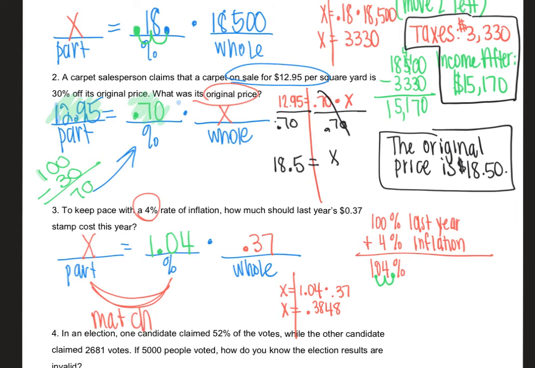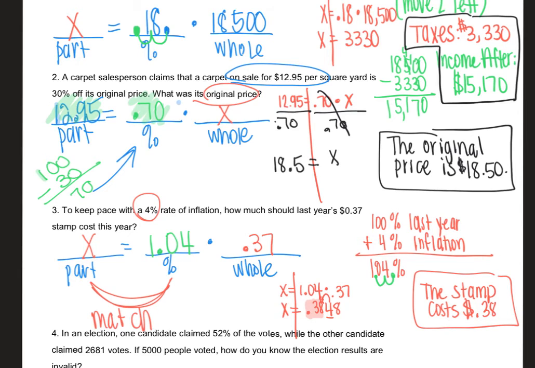I only want to keep the 2 decimal places, but I need to look at the third one to say if I'm rounding, which I'm not. So the stamp costs 38 cents because it does not round up.